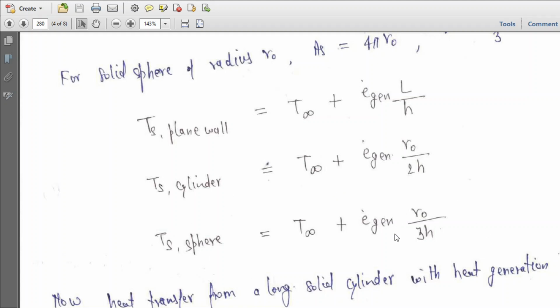As you can see from here, the surface temperature keeps on decreasing as we go from plane wall to sphere. For the time being, if we consider the length L of the wall to be the same as the radius of the cylinder or sphere, then from wall to cylinder this has become half, and from wall to sphere it has become one third. So your surface temperature will keep on decreasing.